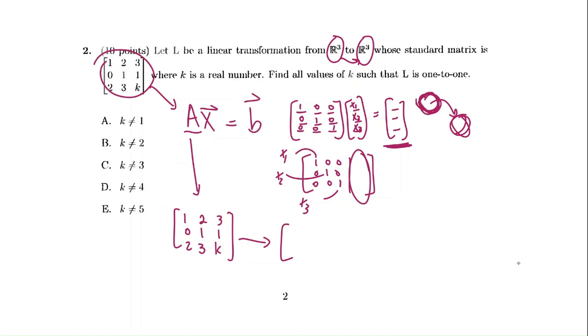So to do that, we can do row 1 equals row 1 minus 2 row 2, which will give us 1, 0, 1, 0, 1.